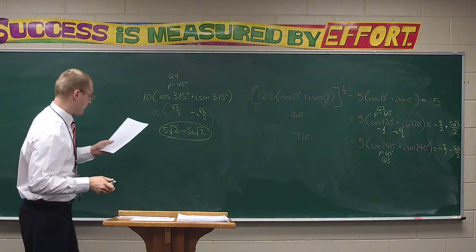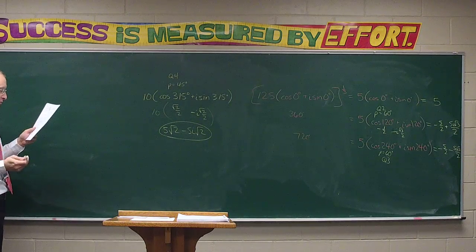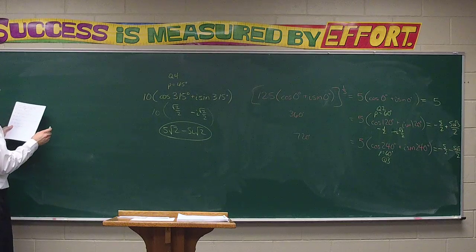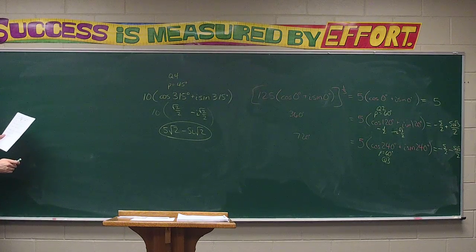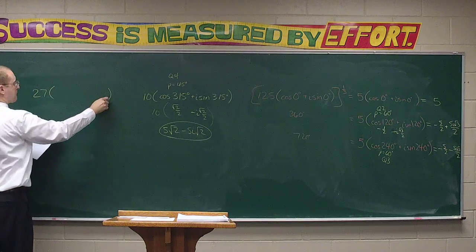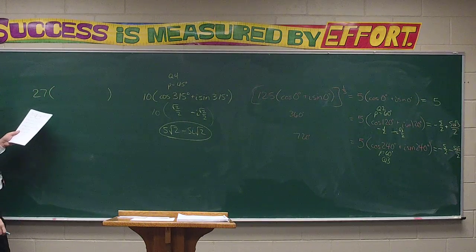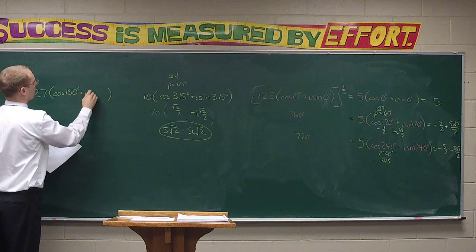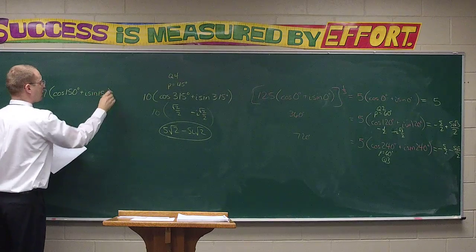All right, Jamie, take number 5, if you would. We're cubing the 3 cosine 50 plus i sine 50. You're going to actually cube the 3 and get 27. Then you're going to multiply the theta by n, so that'll be the 50 times the 3 and get 150, or cosine 150 plus i sine 150.